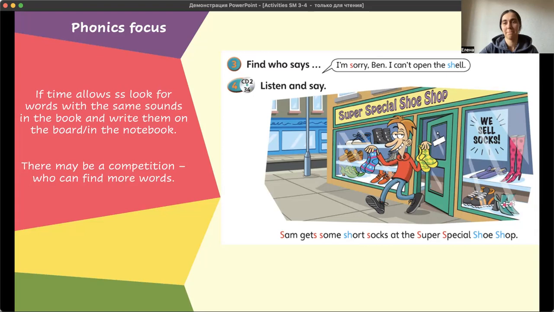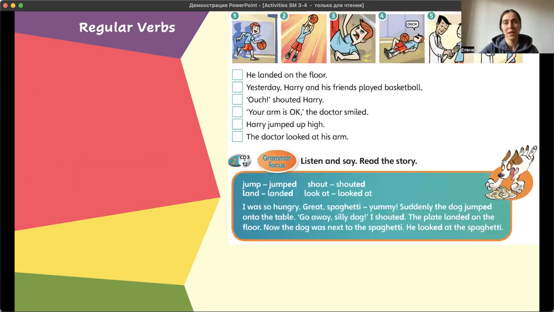Okay, beautiful. So let's move on. This is regular and irregular verbs. This slide is about regular verbs, and here we have some pictures that tell a story. I usually ask my students to cover this text with the notebooks or other books and look only at the pictures.